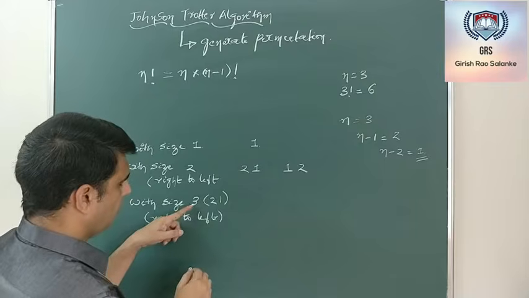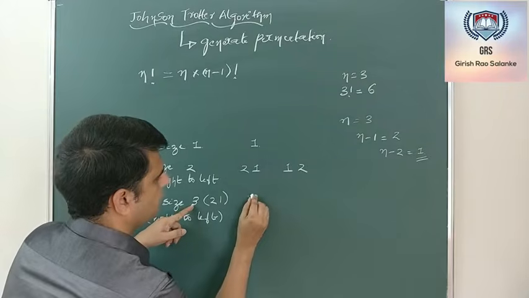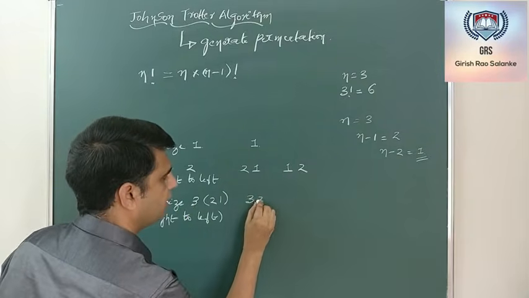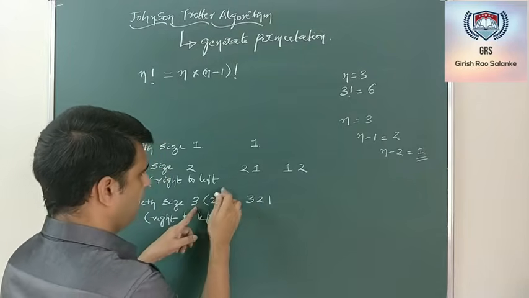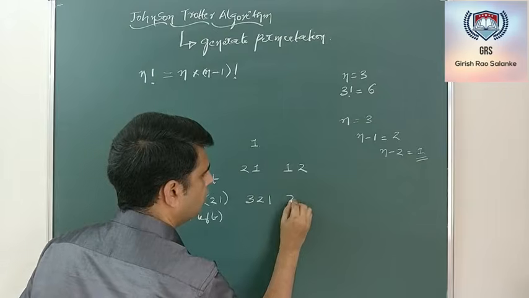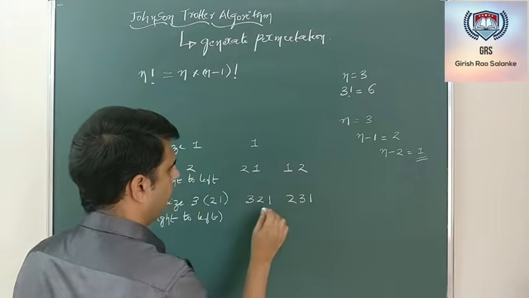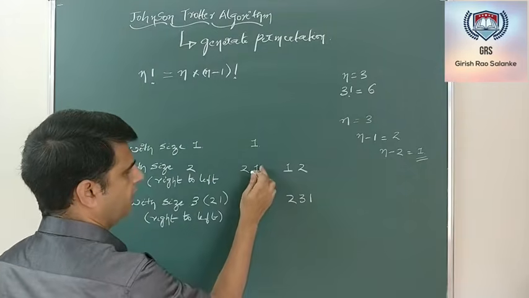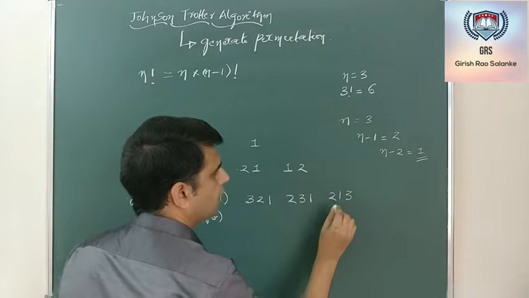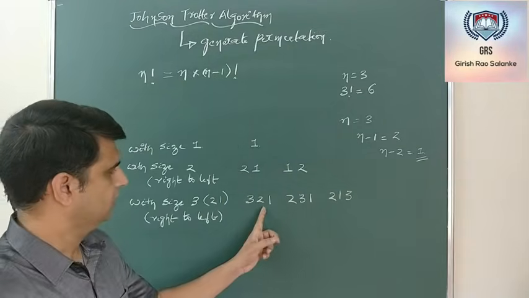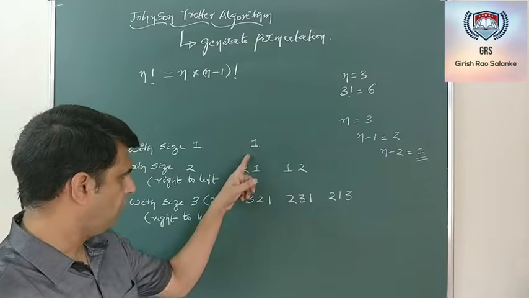First, what I will do, I will try to insert this 3 to the right side. That is 3, 2, 1. Next, I will try to insert 3 in between 2 and 1. 2, 3, 1. Next, I will try to insert this 3 at the end. That is, this is 2, 1, 3. Now, if you observe, I got 3 different permutation for 2, 1.